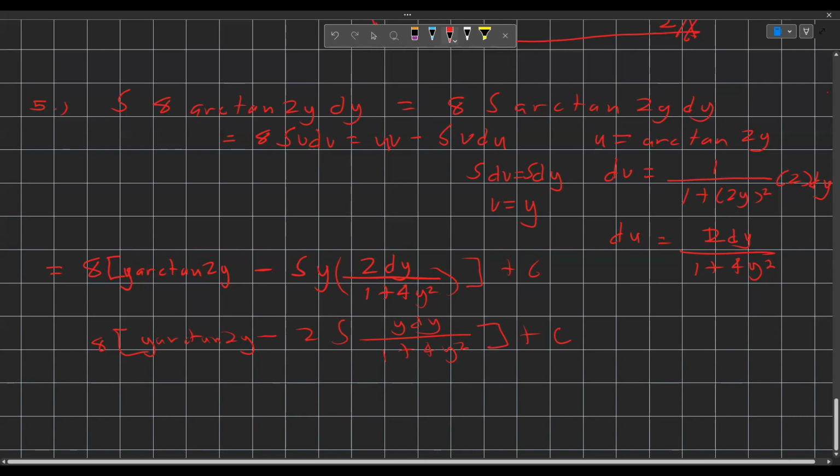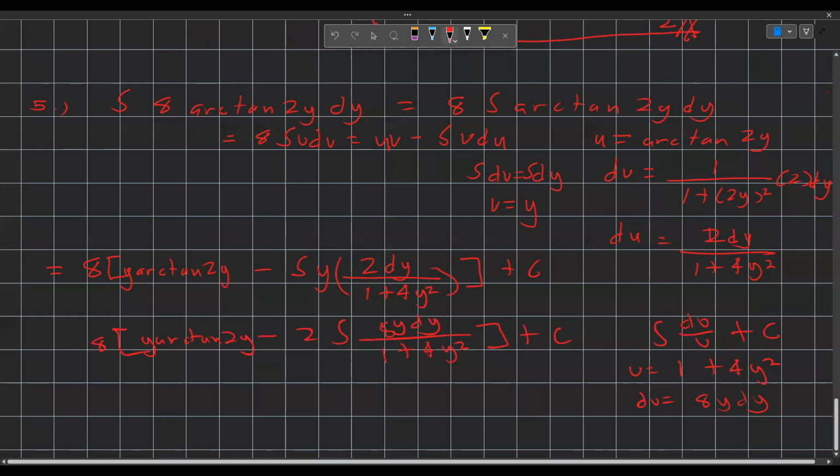in which we'll be utilizing this formula again, du over u plus c. So our u is 1 plus 4y squared, and our du will be equal to 8y dy. Now we'll notice that this term is missing an 8 here, so we can write 8 over here.